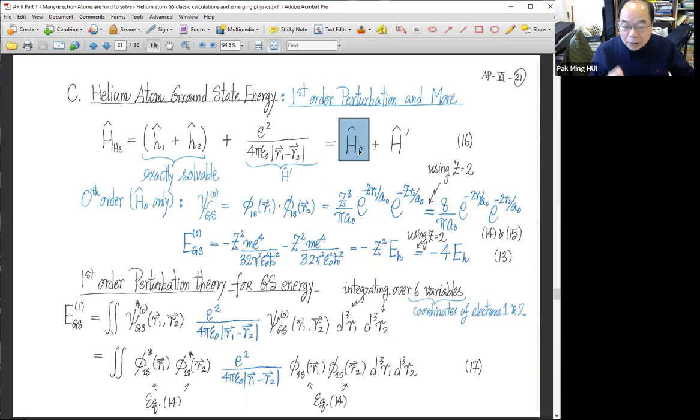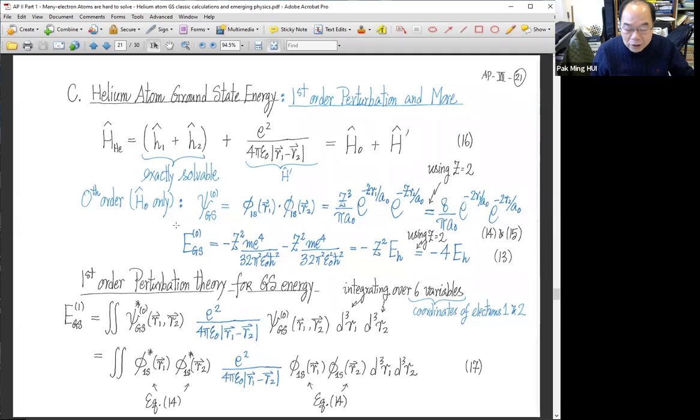It is a 2-electron problem, but separable. Therefore, the ground state wave function multiplies into each other, one for electron number 1, another for electron number 2. Z is 2 for our hydrogen-like problem. Therefore, this is the 0th order wave function.